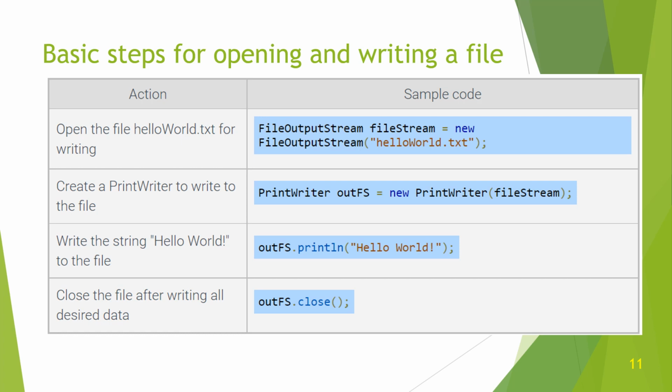To create a print writer to write to the file, PrintWriter outFS equal to new PrintWriter fileStream. And to write the string hello world to the file, we use outFS.println of hello world. To close the file after writing all the desired data, we use outFS.close.